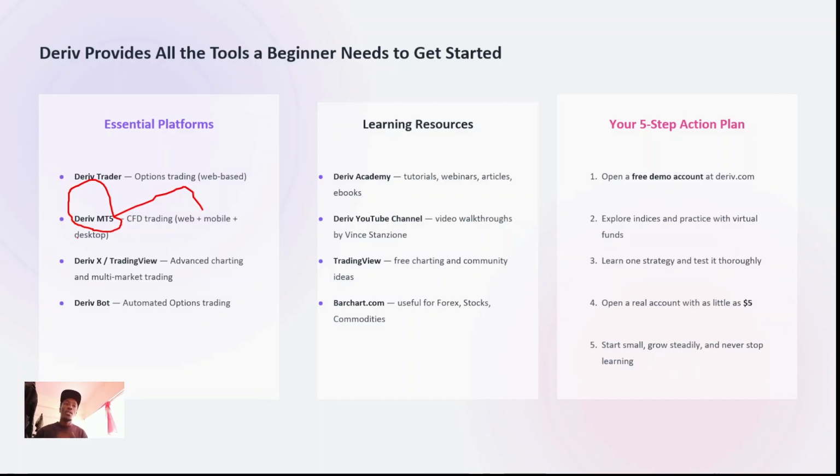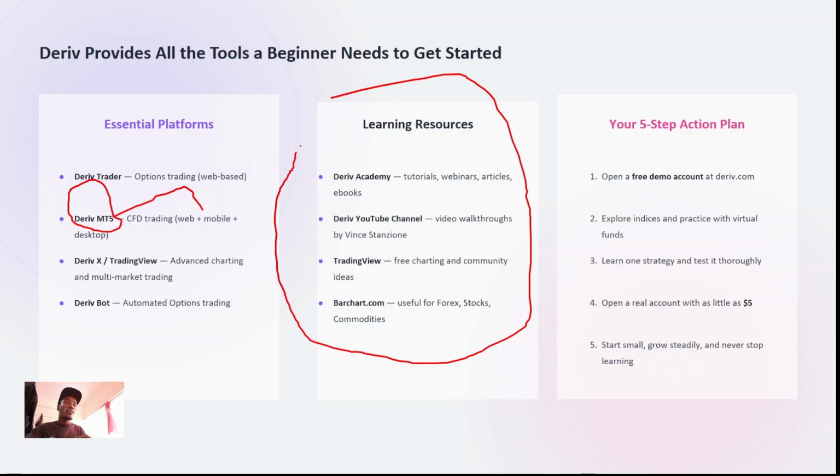So yeah, learning resources, you can get learning resources from the following platforms. You have first Deriv Academy. They offer tutorials, webinars, articles, and ebooks, so you can definitely check them out. You have the Deriv YouTube channel.